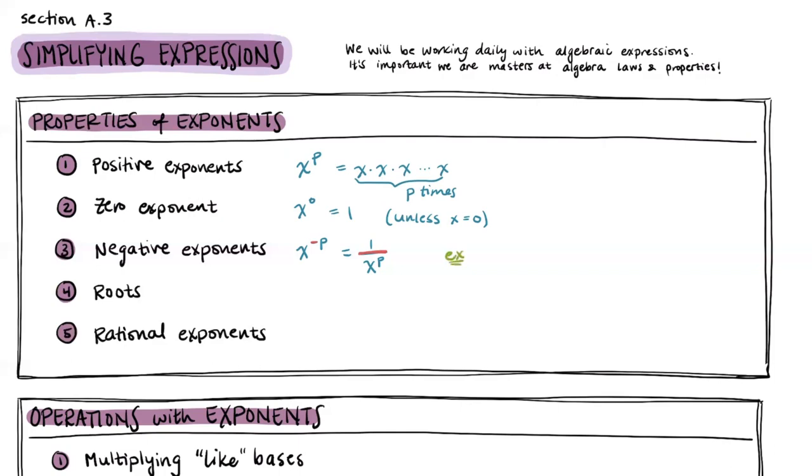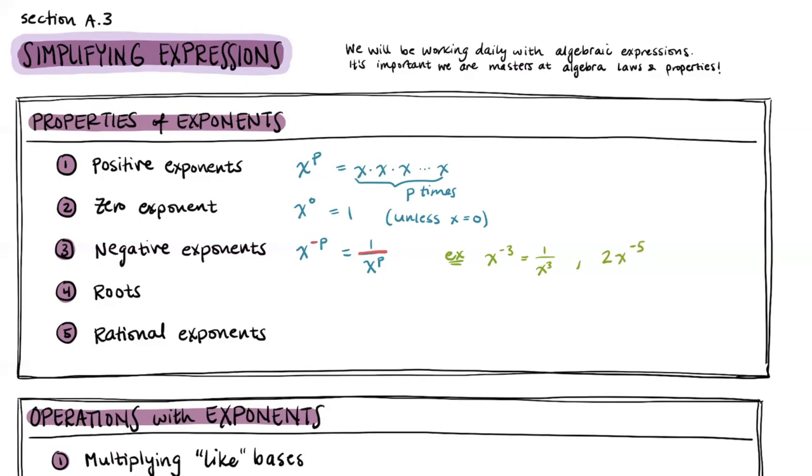So this is a really quick example. If we write something like x to the negative 3 power, this is the same as 1 over x to the positive 3 power. And something to point out here, if we've got a number in front of the x, so for example, how about 2x to the negative 5th? That negative power is only on the x.